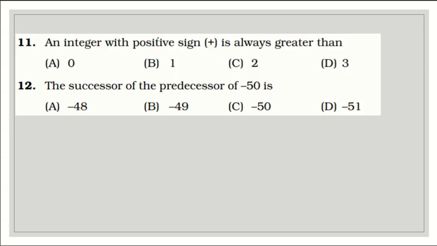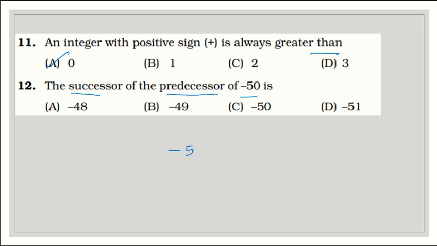Next, coming to question number 11, an integer with a positive sign is always greater than 0. All the positive integers are greater than 0. The successor of the predecessor of minus 50. See children, already we know the meaning of predecessor.